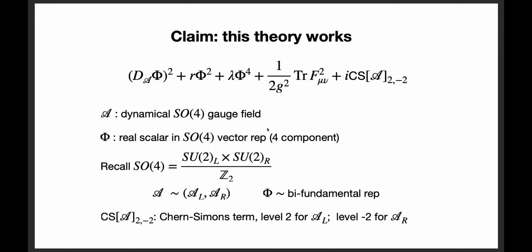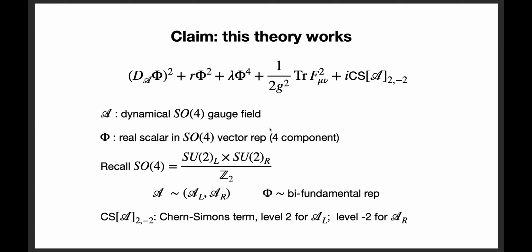Recall that the SO(4) group can be written as two copies of SU(2) modded by Z2. Let me call one of the SU(2)s the left one, the other the right one. Then I can write all the gauge fields in terms of left and right SU(2) gauge fields, and the phi field will be the bifundamental under the two copies of SU(2).